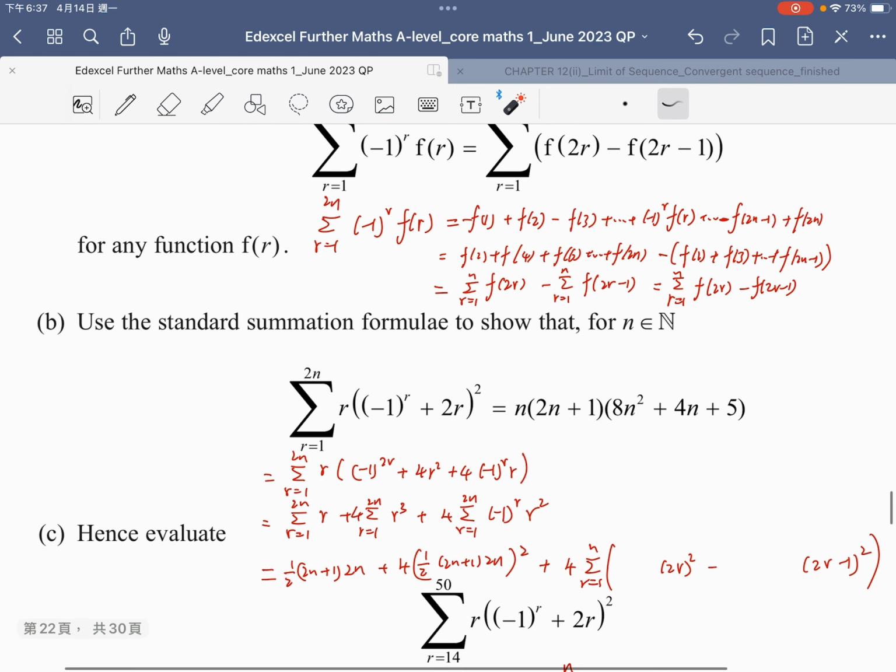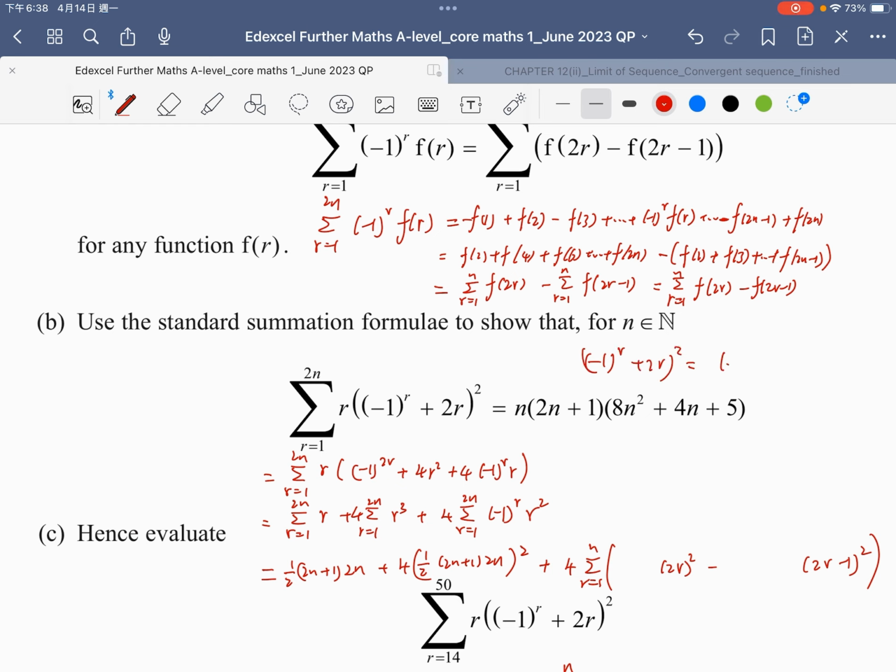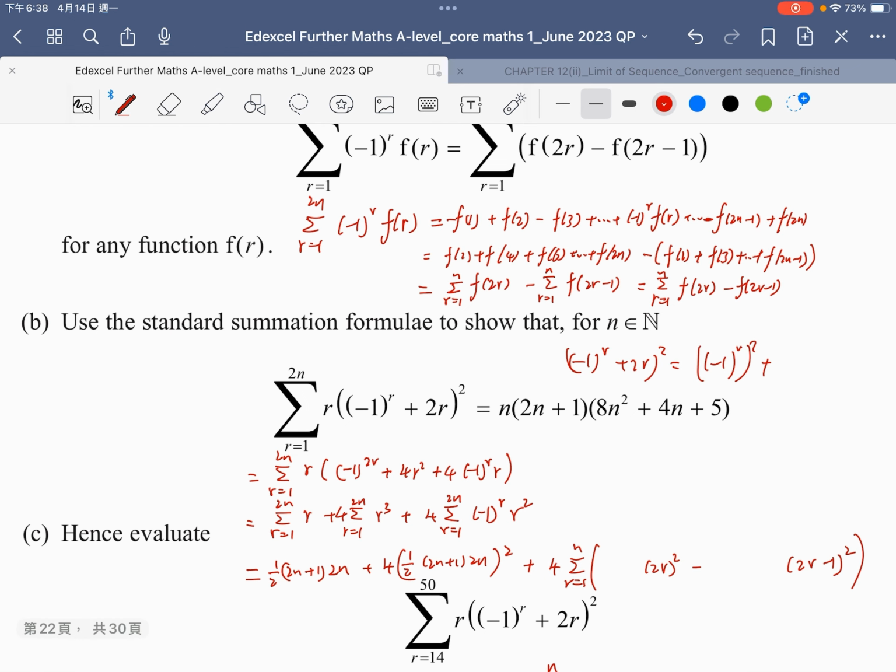Okay, the first thing I can do is expand this one, the square of (negative 1 to the power r, plus 2r). We can write that as (negative 1 to the power r) squared plus 4r squared, plus 2 times negative 1 to the power r times 2r.